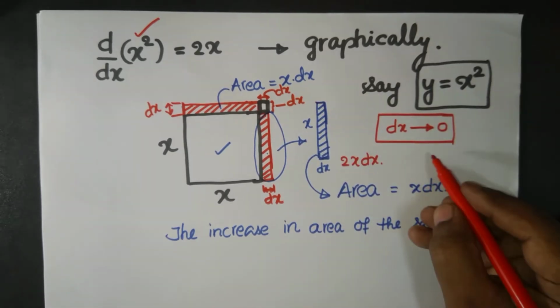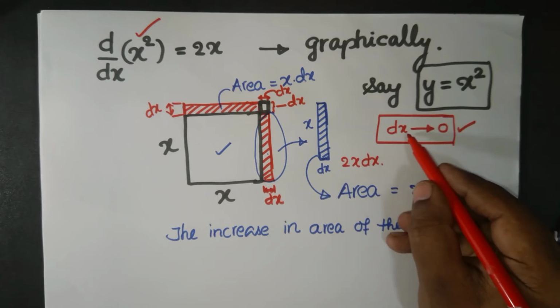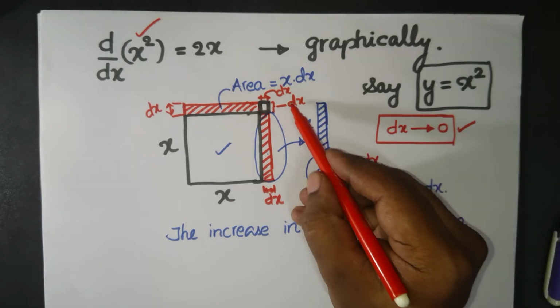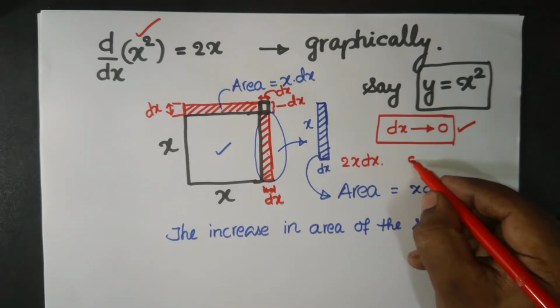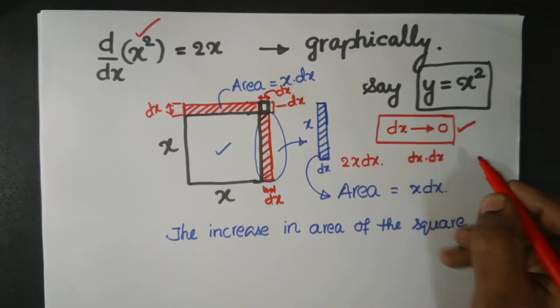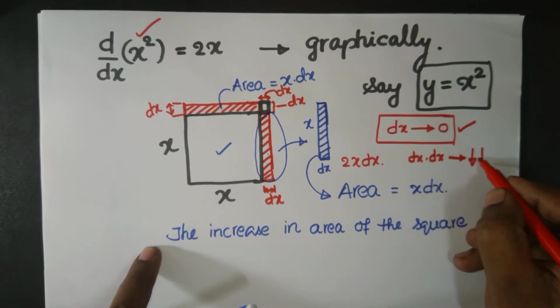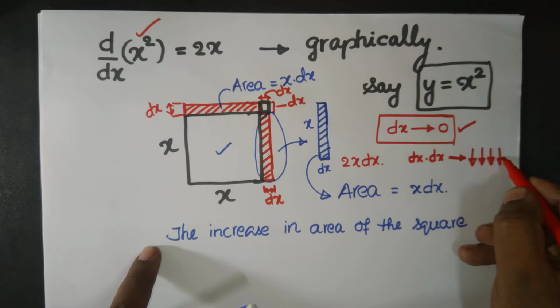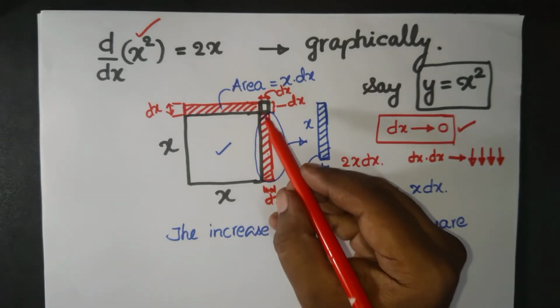Now we know dx is a very small quantity, infinitesimally small. If dx is small, then dx multiplied by dx is a small area, right? It's even smaller than dx. So therefore we can neglect this one.